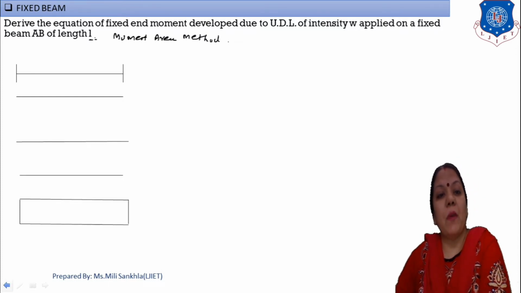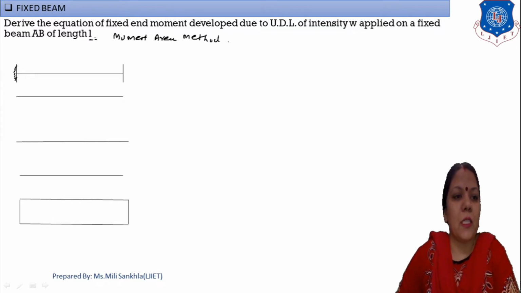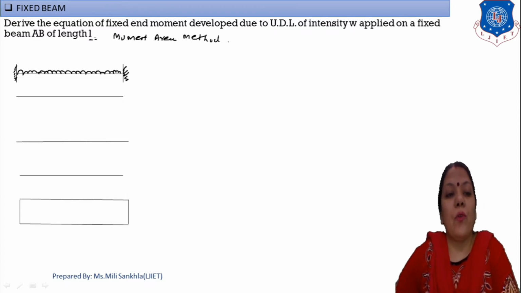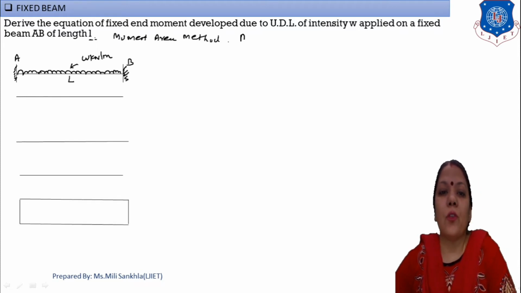Now this fixed beam is subjected to UDL load. Draw one fixed beam, subjected to UDL load of intensity W kilonewton per meter, and span equal to L. This is A and this is B. We also draw the SF and BM diagrams.